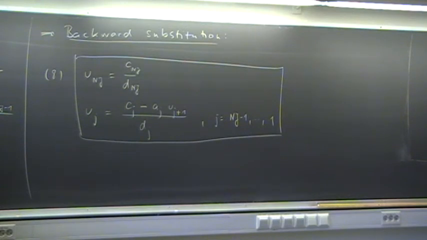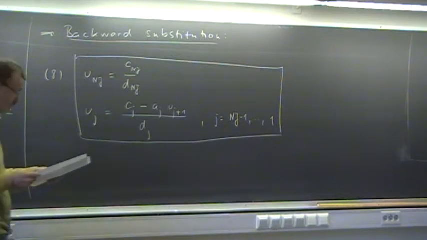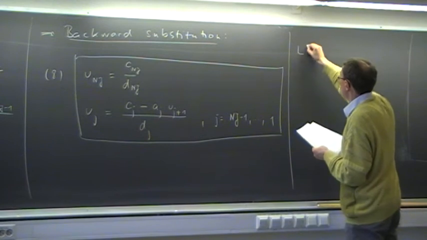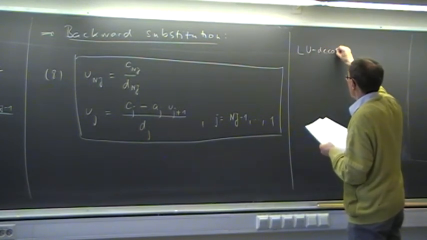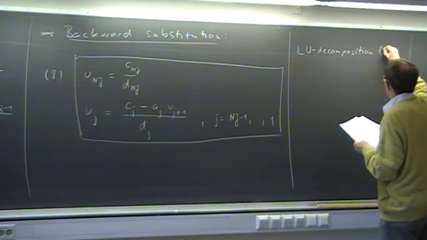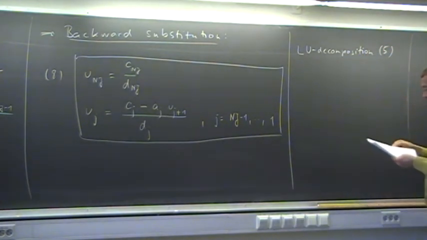You have it in your notes. That is then the LU decomposition, that was the 5. And then the forward substitution, that was 7.